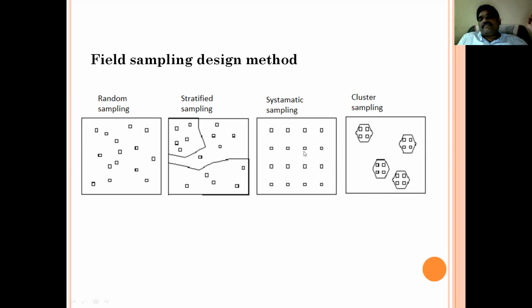Systematic sampling, where the area has been divided into equal areas. From every area a sample has been taken, and here every area has been divided into 4 clusters. From every cluster sampling has been taken. See, by following these methods, the accuracy levels will be increased.